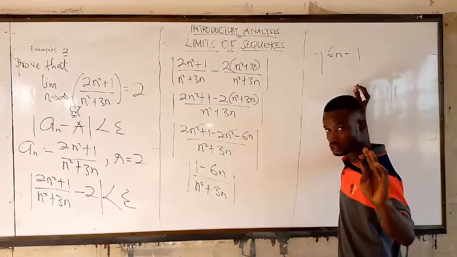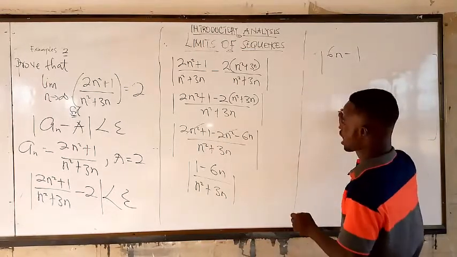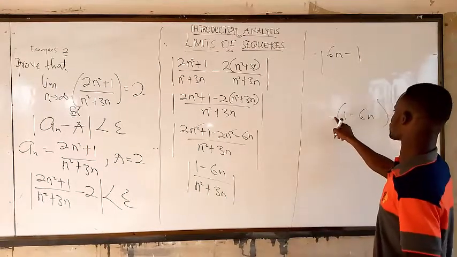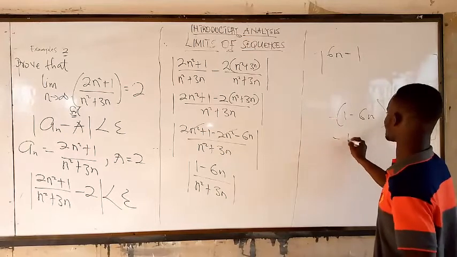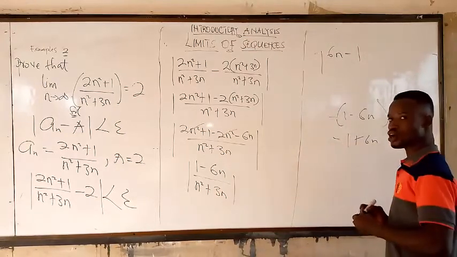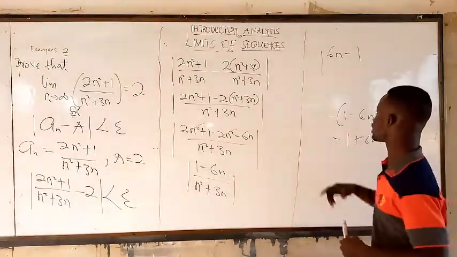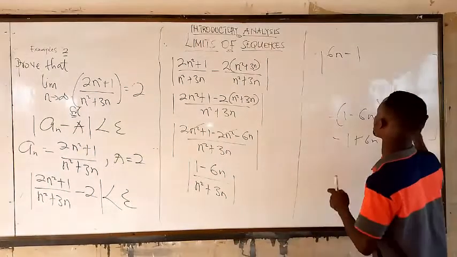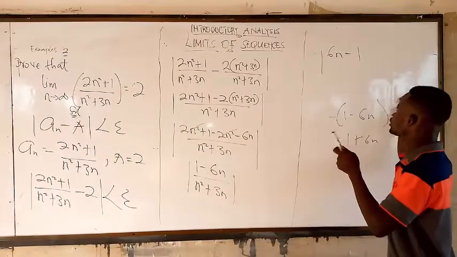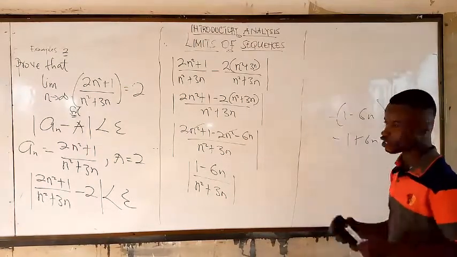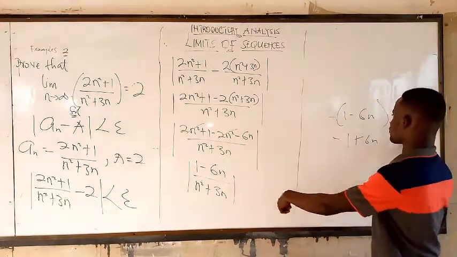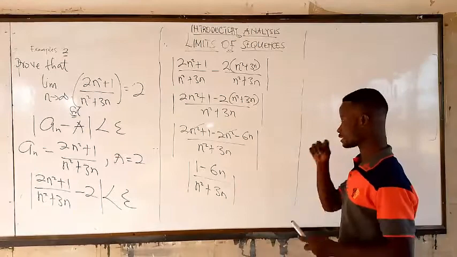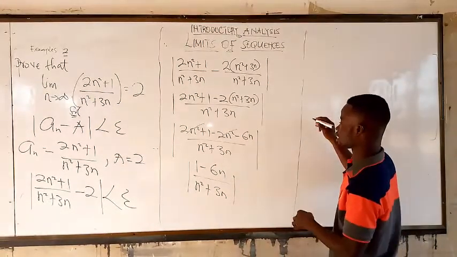Because if you have 1 minus 6n and you negate it, you're going to get negative 1 plus 6n. This means plus or minus, so when you negate it, you don't need to bring the absolute sign again.